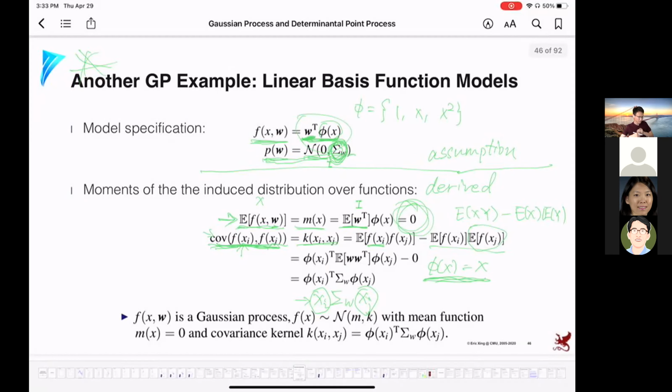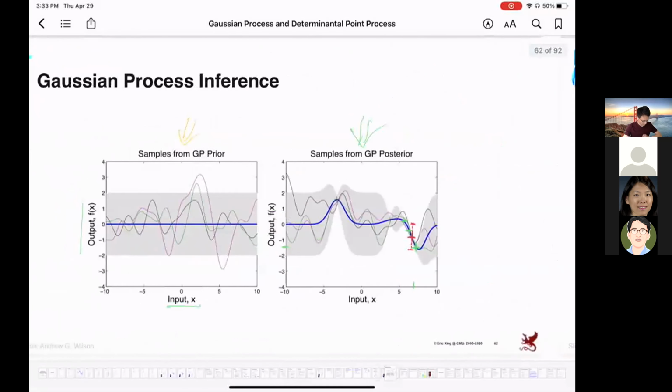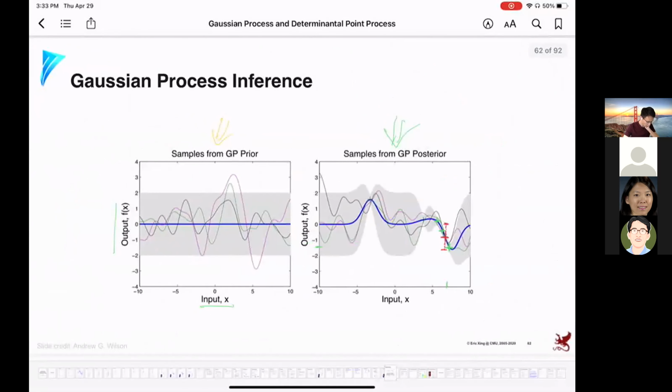But Shichang, I'm not sure whether you have some slides to show how different kernel functions can cause very different behavior of the curve. Personally, I think that sort of visualization really helps me a lot.